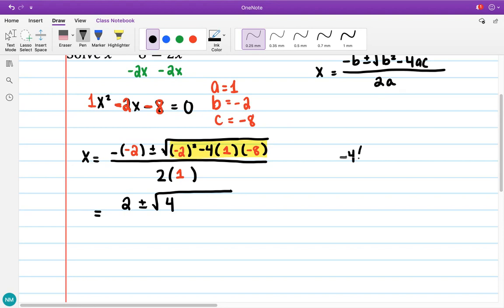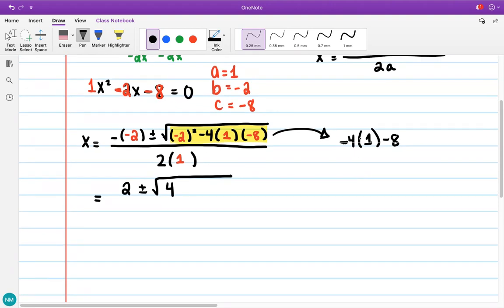Negative 4 times 1 times negative 8. I'm going to put that over here on the side. So negative 4 times 1 is negative 4. So we have negative 4 times negative 8. Negative 4 times negative 8 is positive 32.